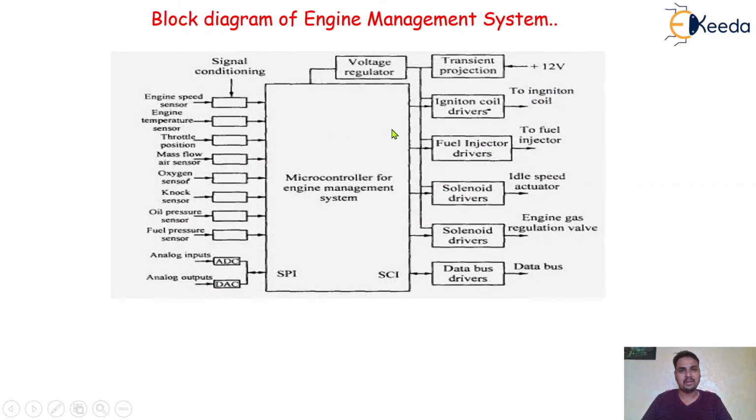Again it is connected to the different types of actuators, like the ignition coil driver, fuel injectors, solenoid driver, voltage regulator, and accordingly the ECU will decide what is the requirement of the engine, and it will give the message to the actuator, and the actuator will operate the things through that particular instrument.